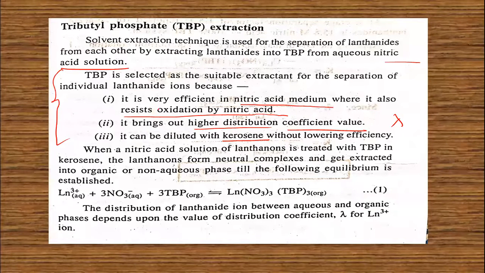When a nitric acid solution of lanthanone is treated with TBP in kerosene, the lanthanone form neutral complexes and get extracted into the organic or non-aqueous phase, and this equilibrium is established here. So we have taken here nitric acid solution of the lanthanone ion. This has lanthanone ions and nitrate ions.